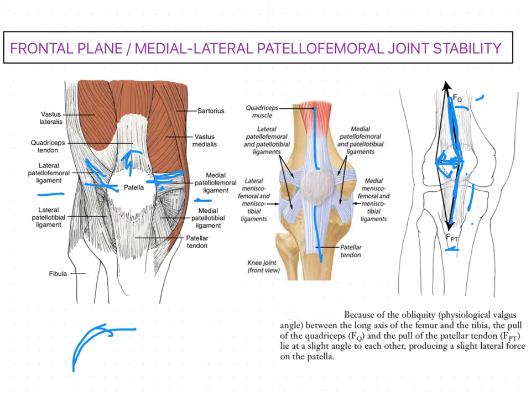A large lateral force on the patella may actually cause it to sublux or dislocate over the lateral lip of the femoral sulcus when the knee is extended. However, even a very large lateral force would be unlikely to result in dislocation once the patella is in the intercondylar notch.